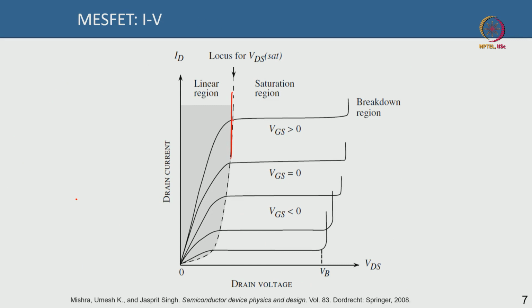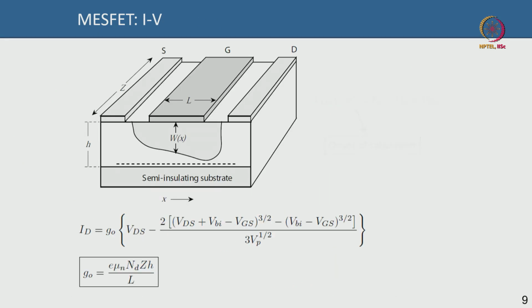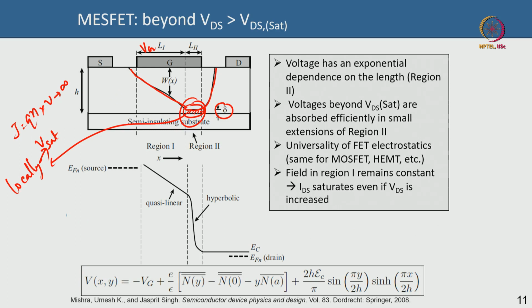The effective channel will become slightly shorter, that is called channel length modulation, but that does not become apparent when you have a longer channel, it becomes apparent only when you have a very short channel.